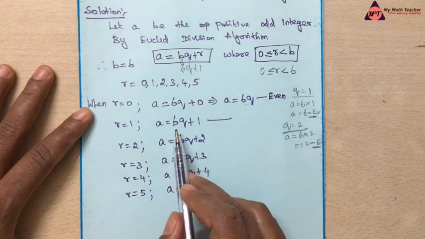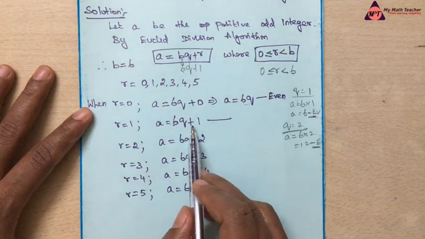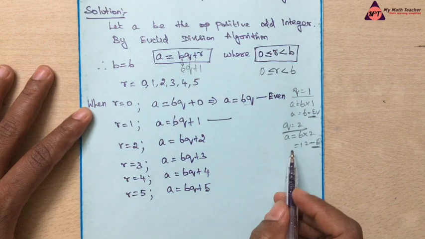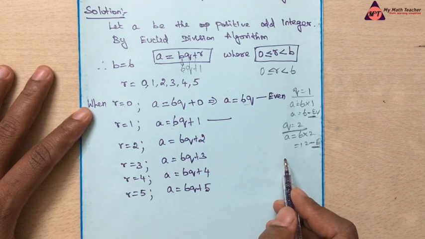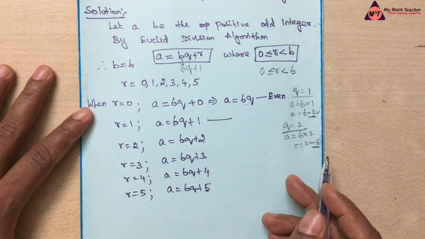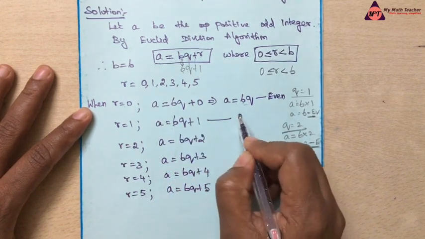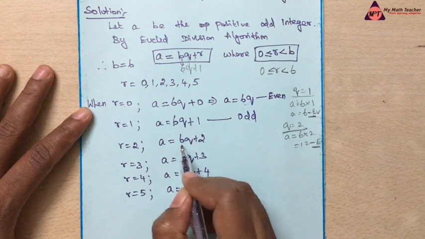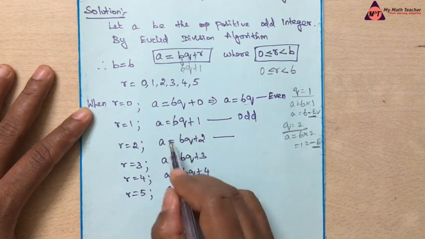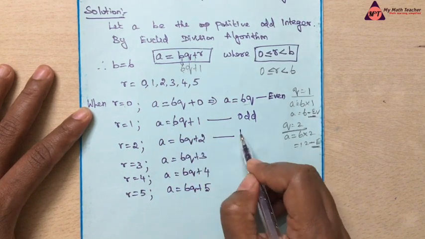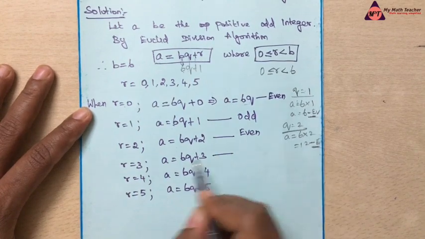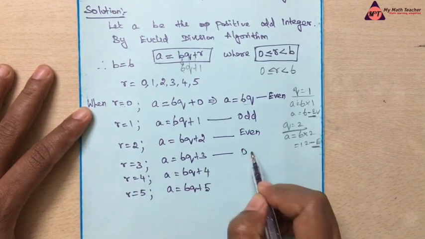We just found that 6q is even plus 1. So, any even number. So, for example, 4 plus 1 is 5. So, any even number plus 1 will be odd. Next, 6q is even plus even will be even. Even number plus odd will be odd number.